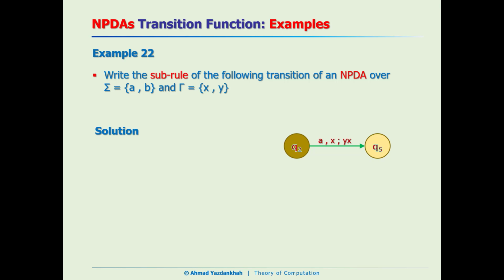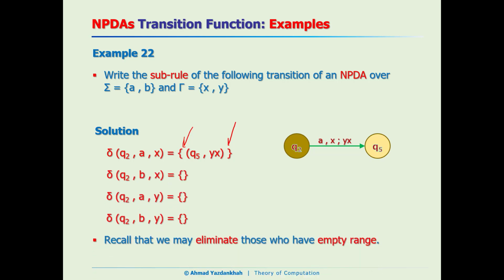There is no difference from the DPDA. The only difference is that we need to put the range inside a set. And there are some situations where we have empty sets like this. Since we have no subrule for Q2 if the input is B, the range value will be empty.